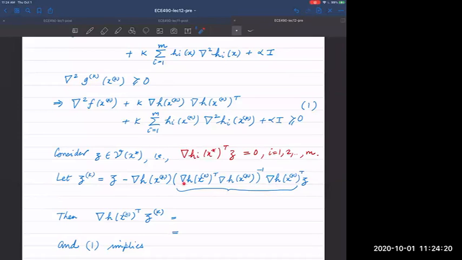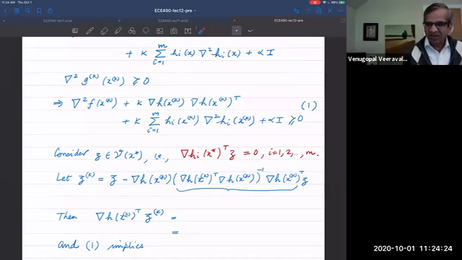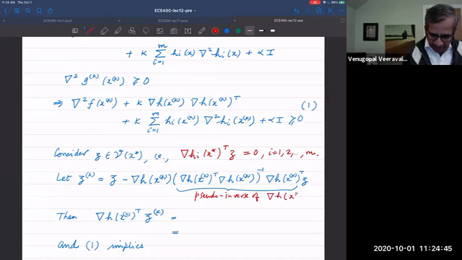Remember, it's a pseudo inverse of the gradient matrix of h. All the h functions, their gradients put together into a matrix. So that's the Moore-Penrose pseudo inverse of the gradient of h at x_k.